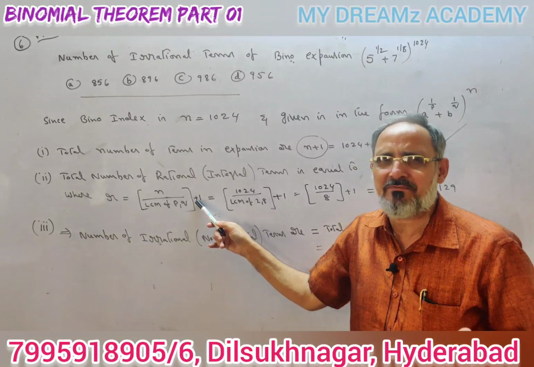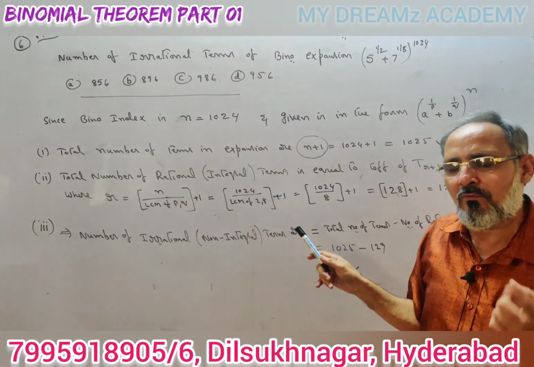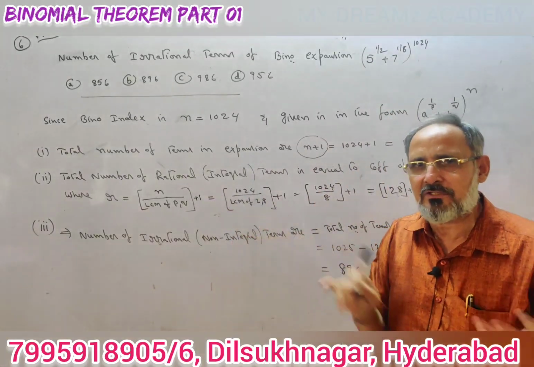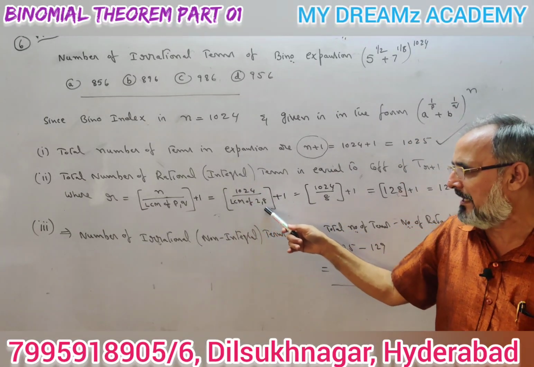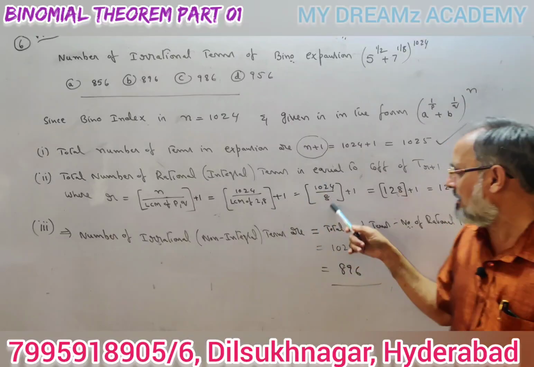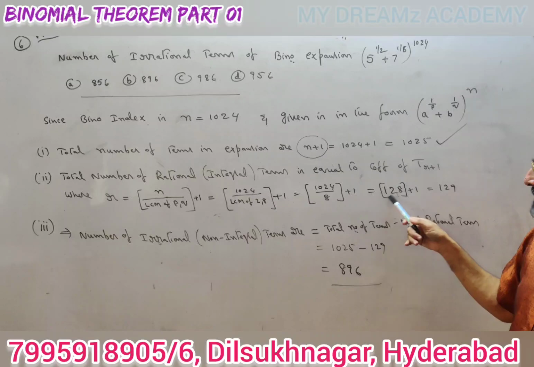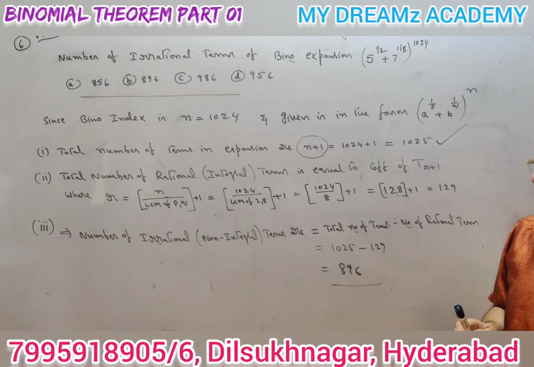Why the plus 1 is coming: if the binomial index n is a multiple of this LCM, add 1; if not, you discard 1. So 1024 by LCM of 2 and 8, which is 8, plus 1, that is 1024 by 8 plus 1, 128 plus 1, total number of terms is 129.